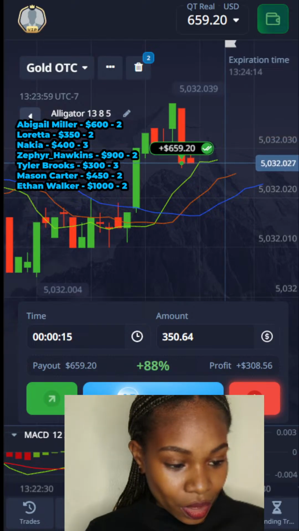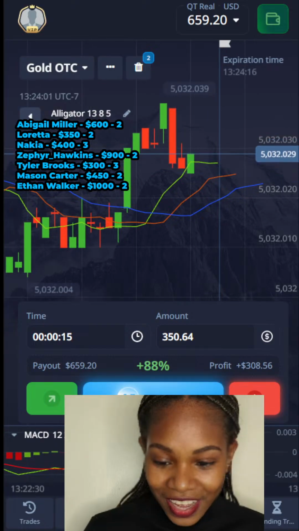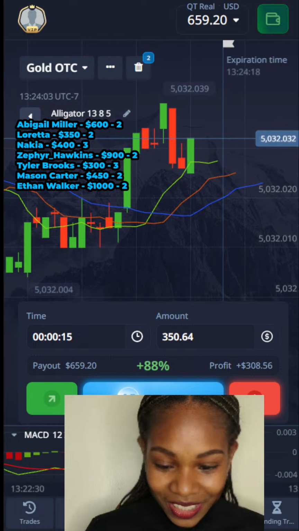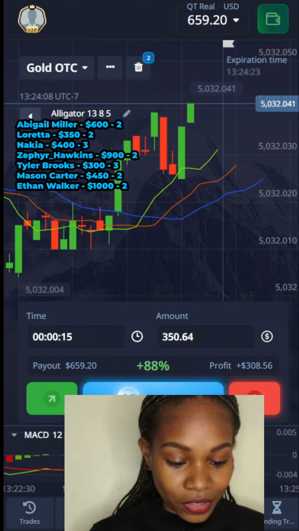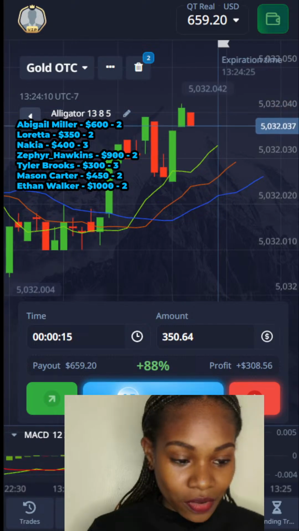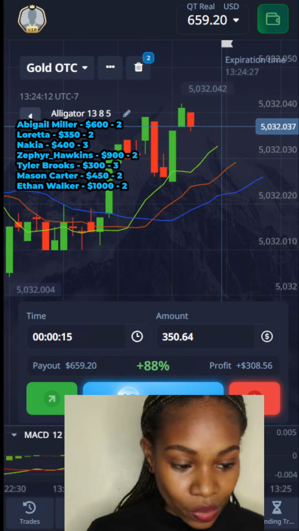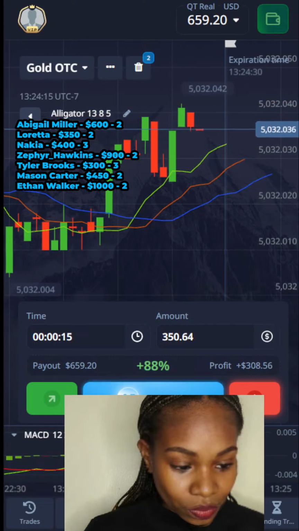Okay, that is a plus over here for Loretta, and it is for our first attempt. So we have one more to go. One more attempt to go.